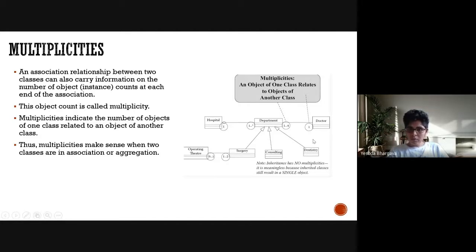Moving forward, how do you interpret the relationship between the operation theater and the surgery? Looking at the nature of association between OT and surgery and their respective multiplicities, what do you think is the relationship between the instances of OT and surgery?